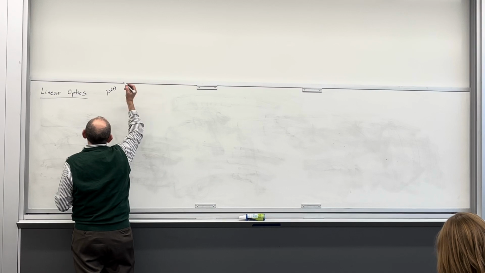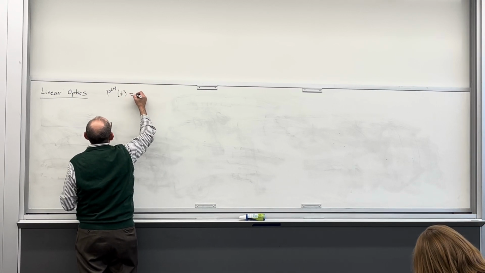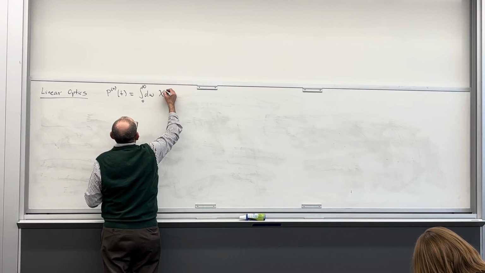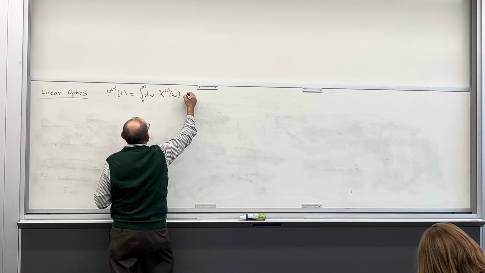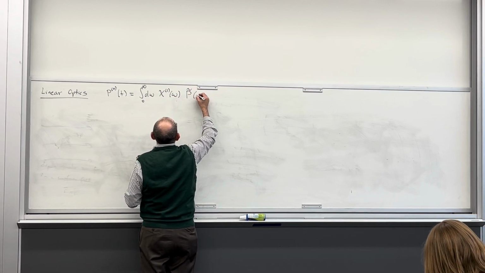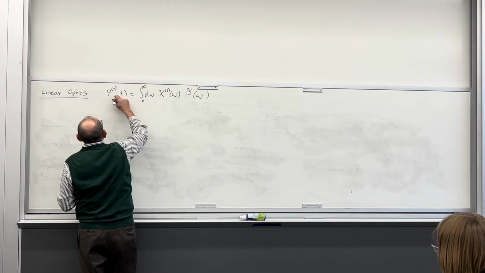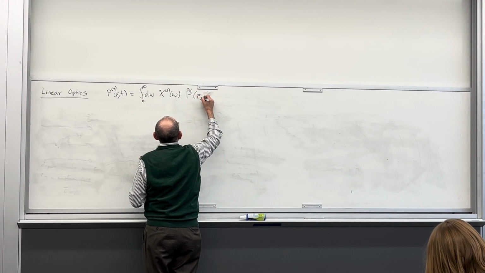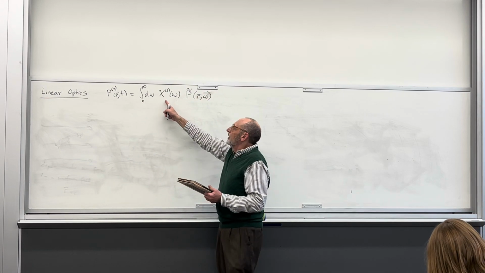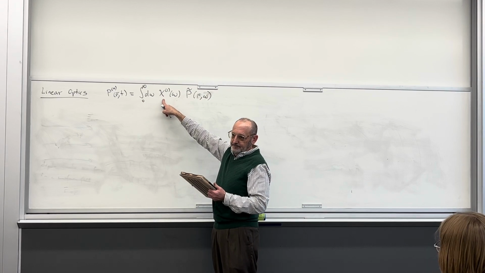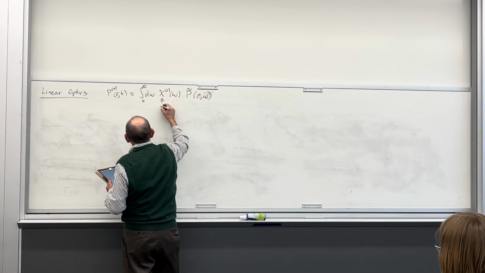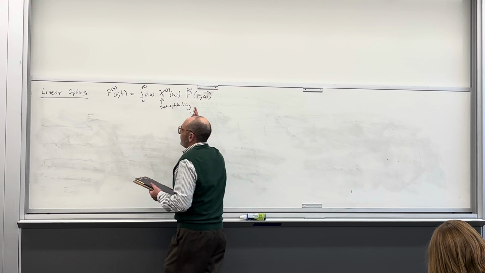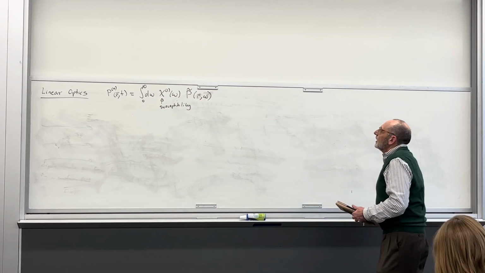The polarization at some position, I'm not going to write it as a function of time, in linear optics will be dependent on the, well, maybe I'll put the position dependence in here. The linear susceptibility is a function of frequency, okay?